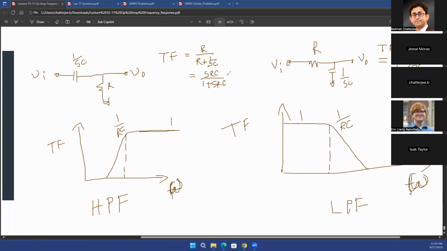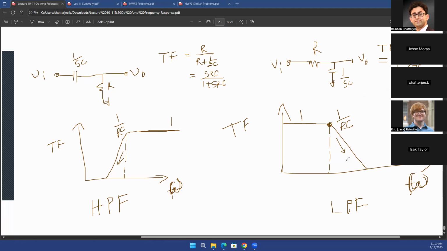Okay, so one thing that I wanted to mention here is that in both of these cases, after the pole, for the low pass filter on the right side of the pole, and for the high pass filter on the left side of this pole, what you'll see is the slope of this curve. How would that look like? So for example, we increase your omega or increase your S by 10 times after the pole.